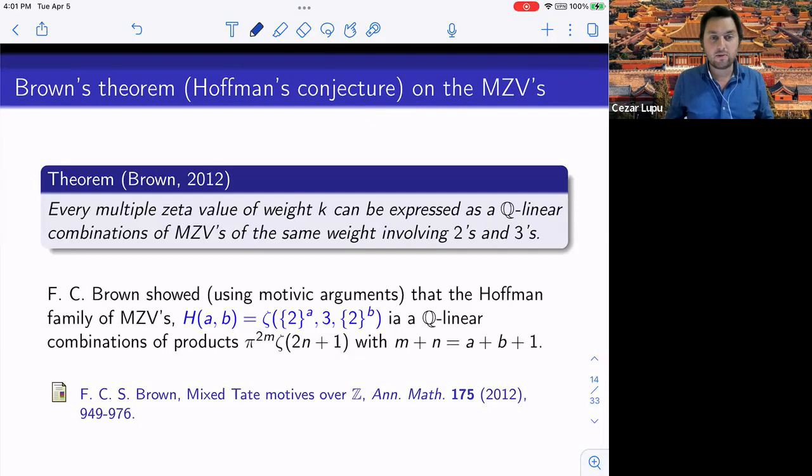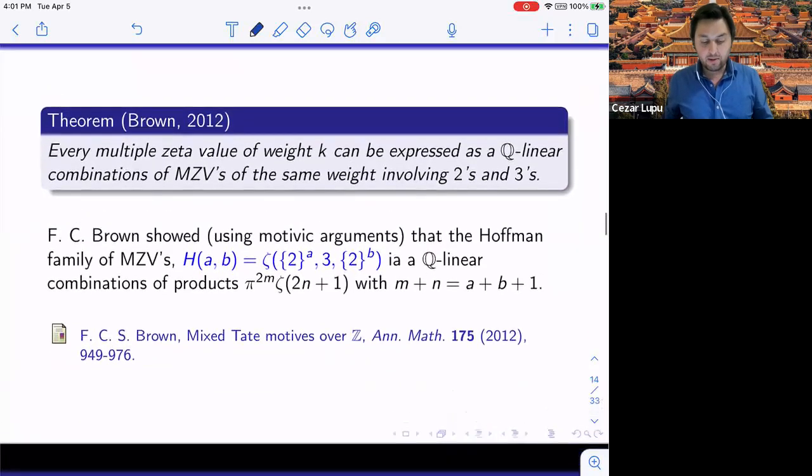In fact, he reduces the problem to evaluating this Hoffman family of multiple zeta values involving 2s and 3s, with copies of 2 and a single 3. Using motivic arguments, the best he could do was to write this as Q-linear combinations of products of pi to the 2m times zeta of 2m plus 1. So as you can see, powers of pi and odd zeta values.